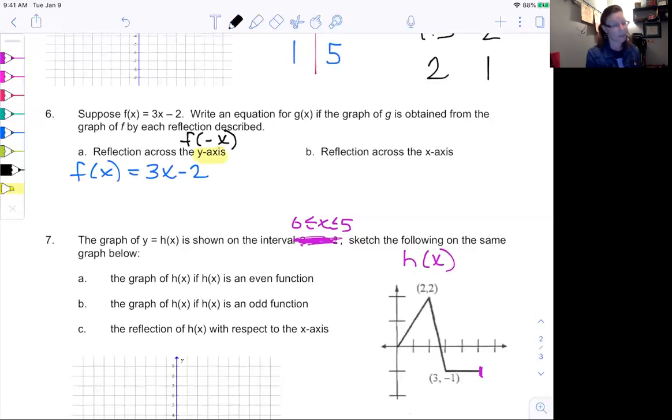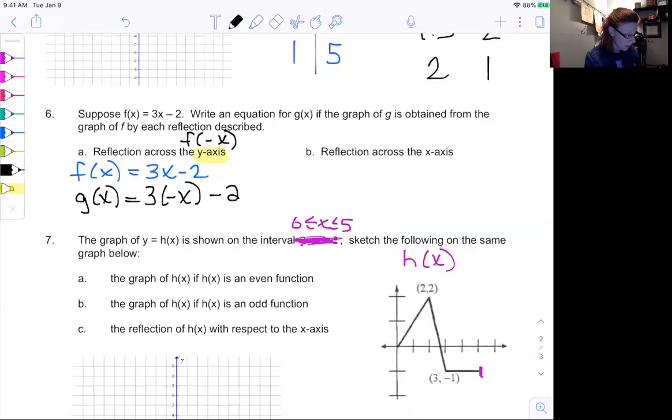And we looked at a couple of different examples of when the x is becoming negative and the graph flips over the y-axis. So in my equation here, if I want to create a new equation for g, I'm going to go to where I see x and I'm going to make it negative. Just the x. Because the x value is becoming negative is how it flips over the y-axis.